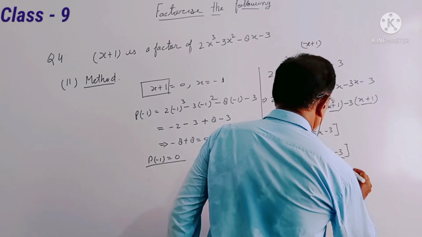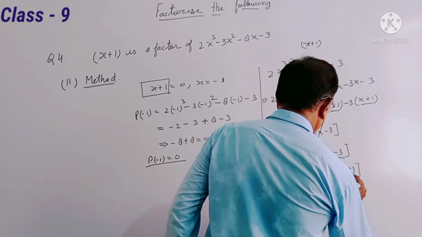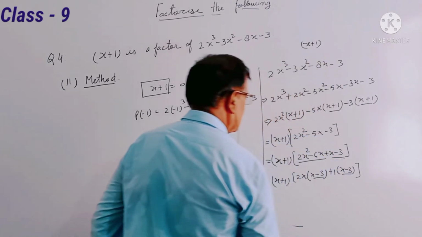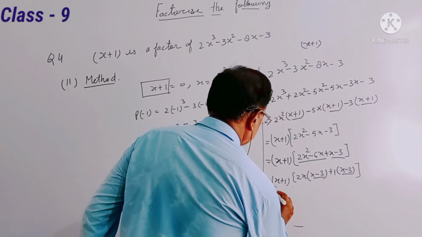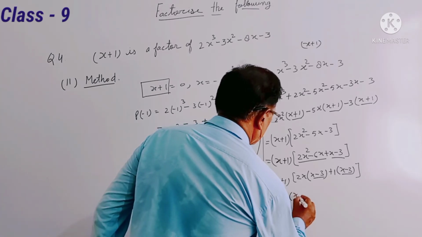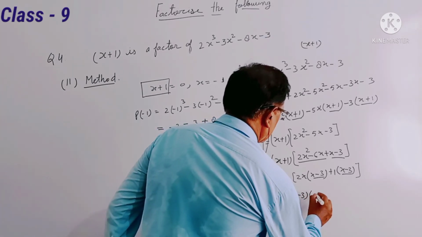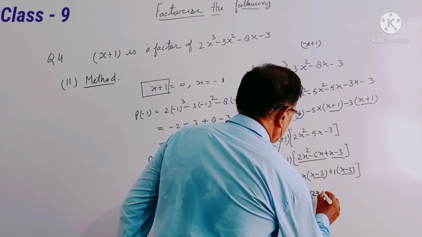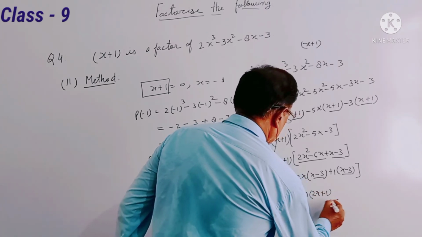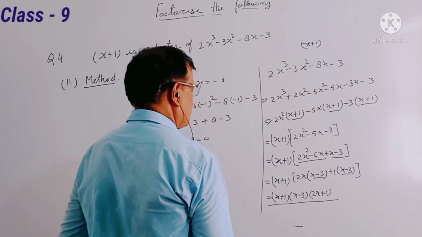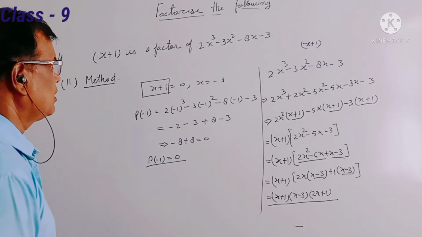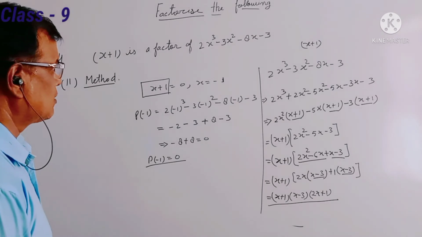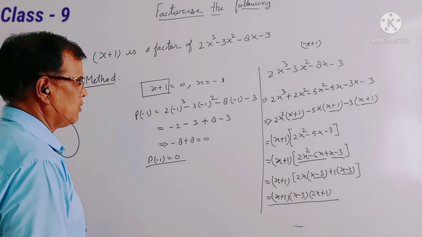Now it is x minus 3. Now we are seeing x minus 3 is common in this. X plus 1, x minus 3, and in the next bracket 2x plus 1 as a common. Thus we have got all the factors of the given expression 2x cubed minus 3x square minus 8x minus 3.